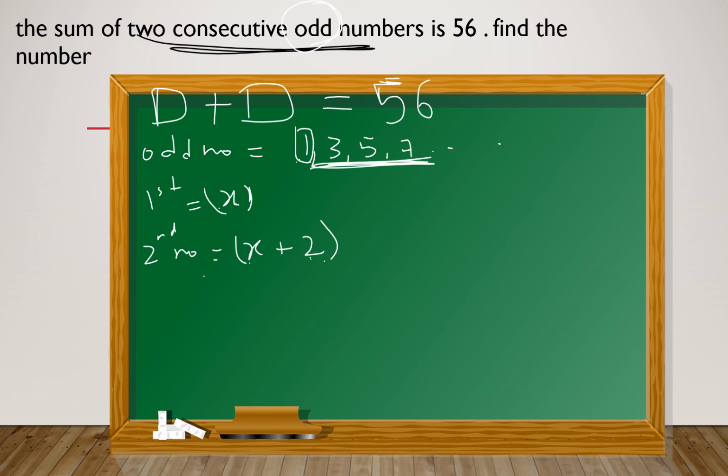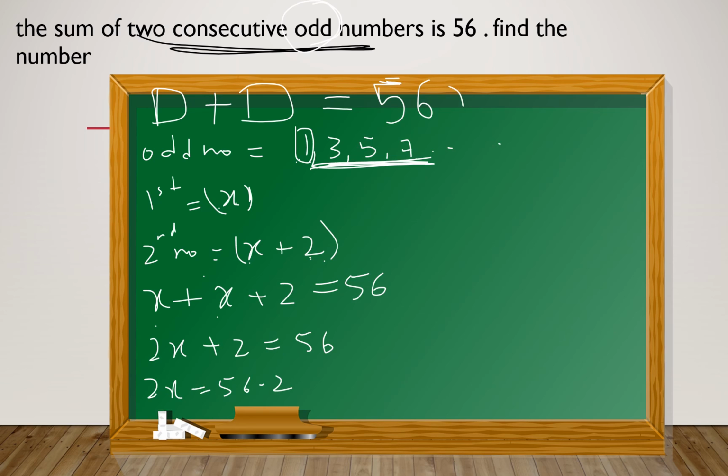Now the equation becomes: first number plus second number is 56. So x plus x is 2x, plus 2 is equal to 56. Now 2x equal to 56 minus 2, which is 54.